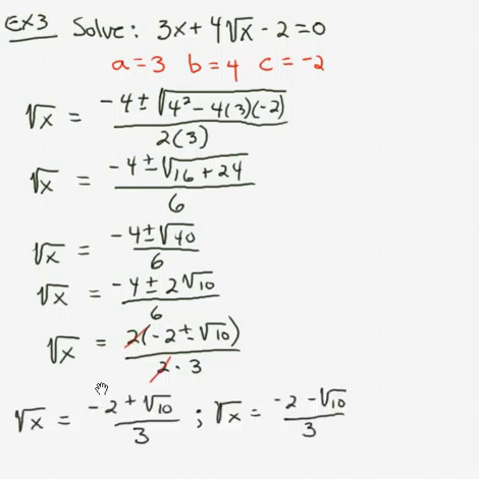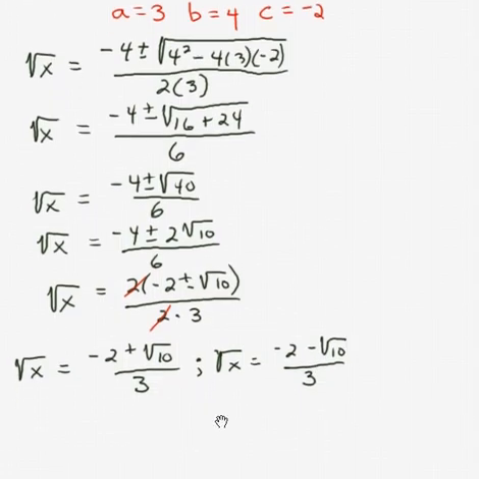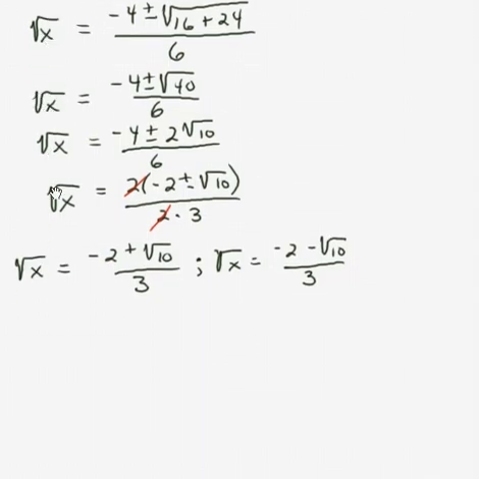So my two almost but not quite answers are (negative 2 plus the square root of 10) over 3 and (negative 2 minus the square root of 10) over 3. But that is not x. That's equal to the smallest variable, which I write down just to remind me what I am solving for, and that's the square root of x.